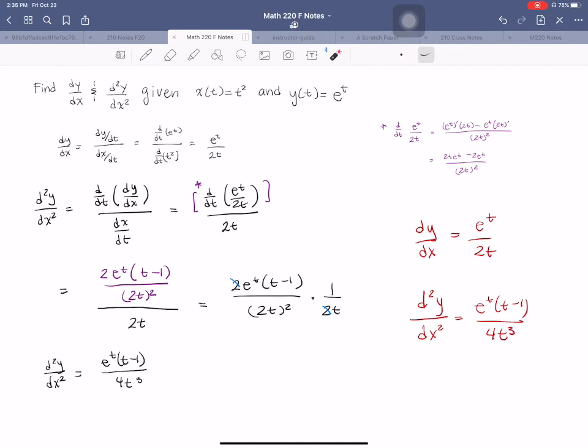So to recap, given this parametrically defined curve, here is the first derivative, and here is the second derivative.